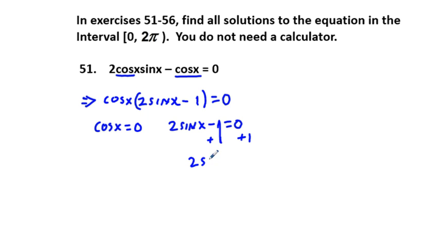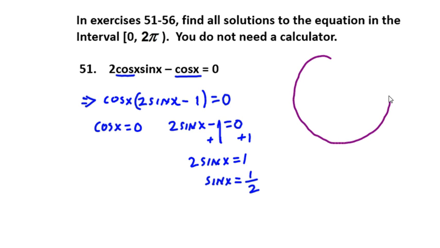Cancellation, 2 sine x equals 1, and dividing by 2, we have sine x equals 1/2. So now we can go ahead and identify on our unit circle, which I'm sketching here in the upper right, places where cosine x is 0 and sine x is 1/2.